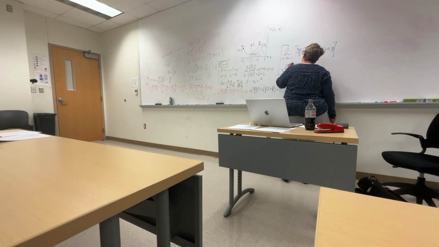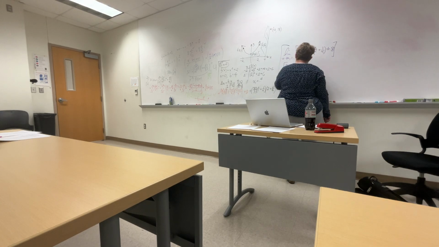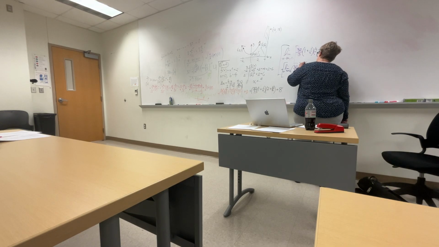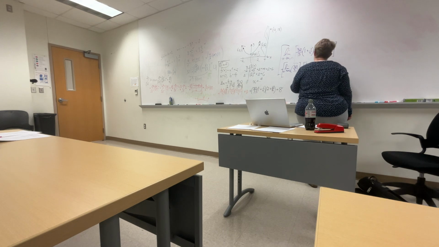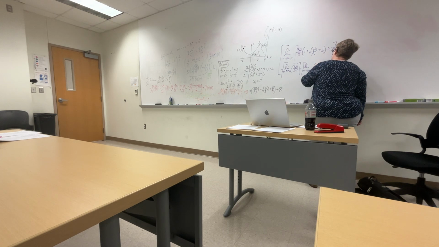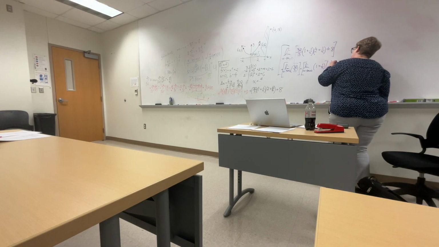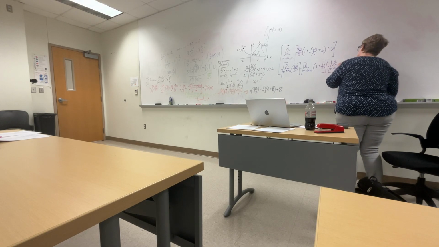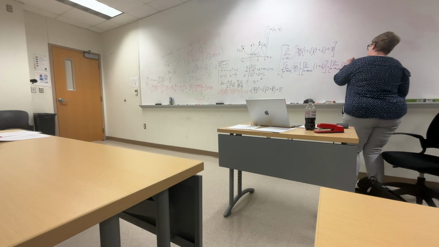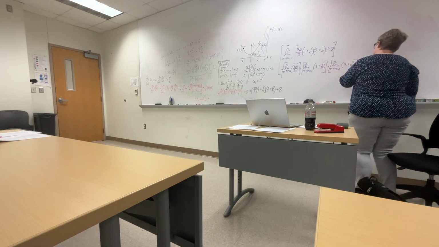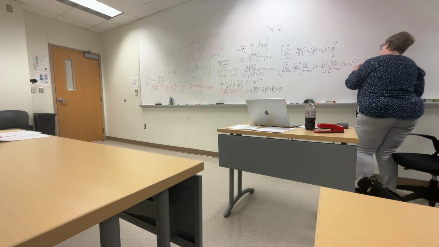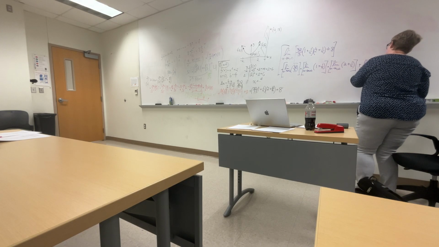So we have 32 over 3 times the limit as n goes to infinity of 1 plus 1 over n, times the limit as n goes to infinity of 2 plus 1 over n, plus the limit as n goes to infinity of 8.